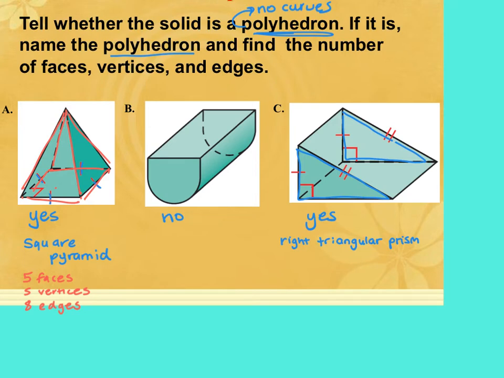Now look at C, faces. There's the 2 triangles, 1, 2, and then the one on the left, the one on the bottom, one on the top. That's 5 faces. 1, 2, 3, 4, 5, 6 vertices. And 1, 2, 3, 4, 5, 6, 7, 8, 9 edges.